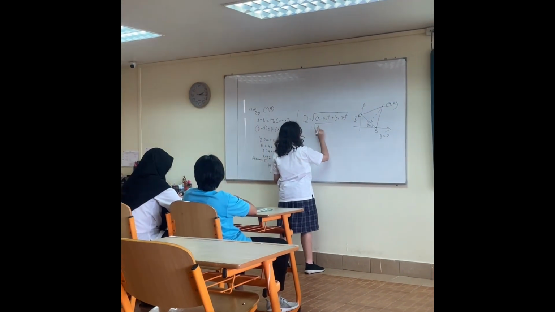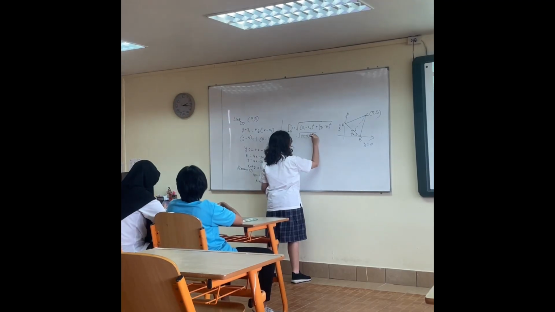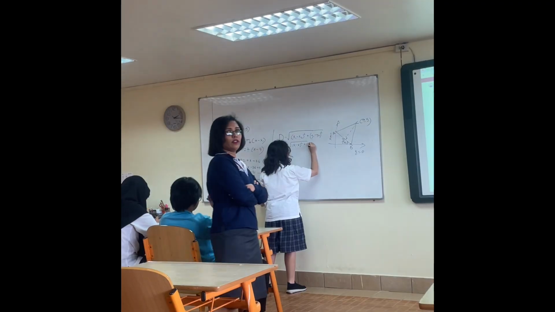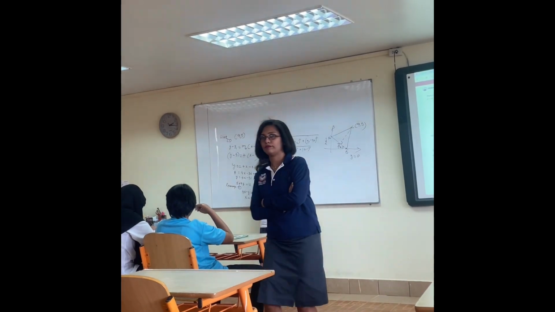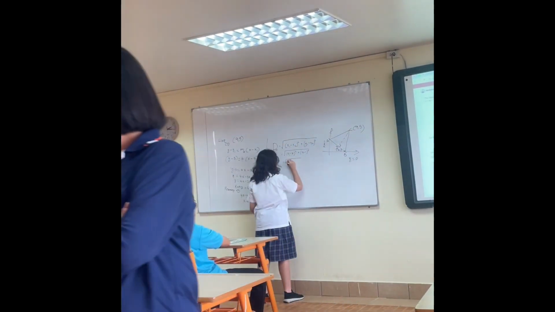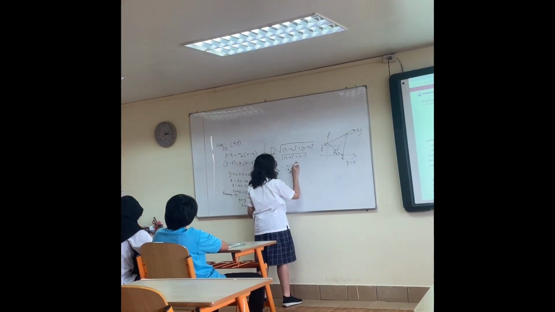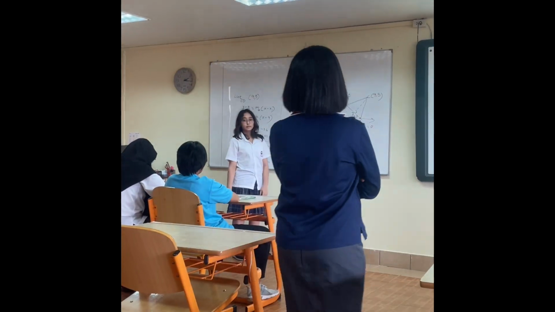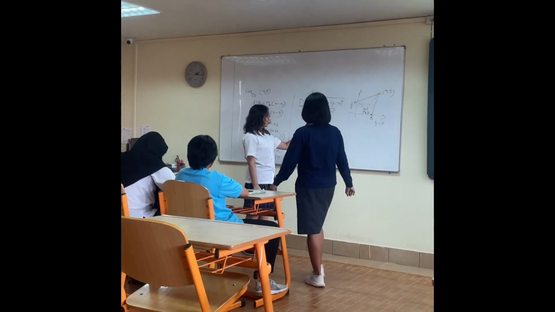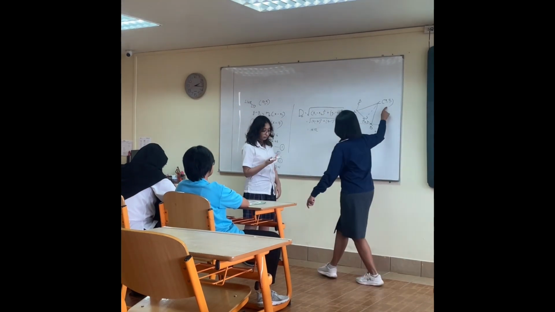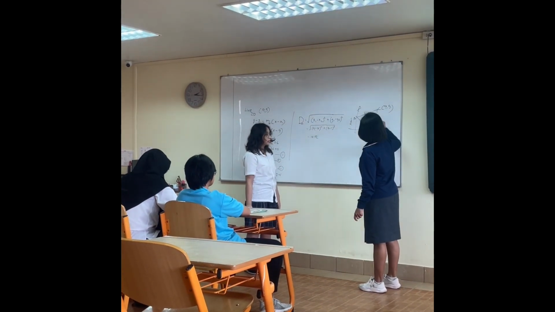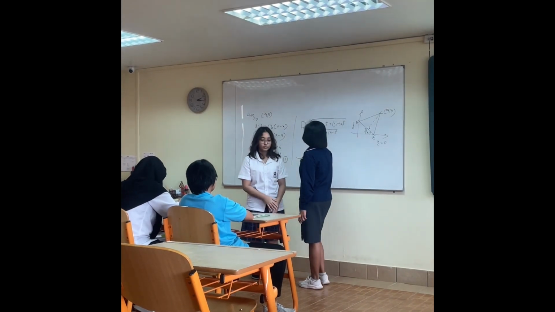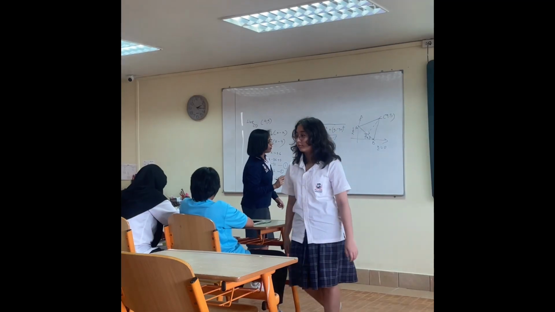AB is 12.4. 12.4, right? And because we rounded up, 12.369. Okay. Four point 1, 2. So 5, 1. 4.12. Very good. So that is the answer for E.